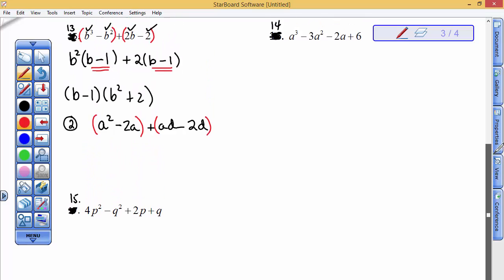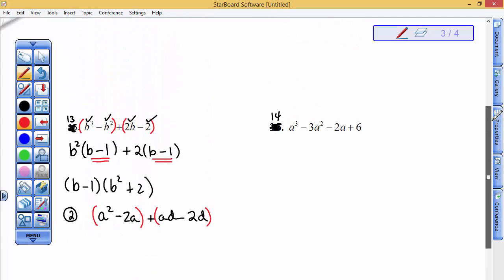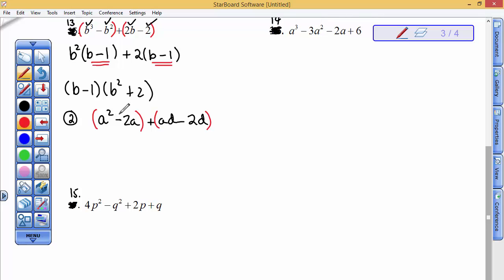So in this first grouping, the greatest common factor is the letter A. That's the best I can get out of this and this. So I'll need an A here and then a minus 2. The greatest common factor between these two is the letter D. So I'm going to factor out the letter D, and therefore I'll need an A here for this to be the AD, and this has got to be a minus 2 for this product to be a minus 2D.